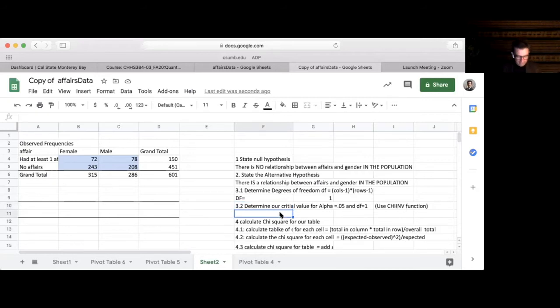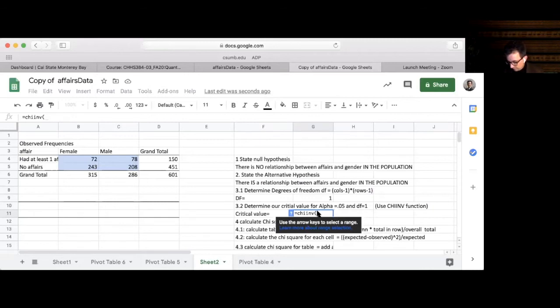So critical value equals. And for this function, you just need two little pieces of information. Chi-inverse, you need to put the probability you want, right?